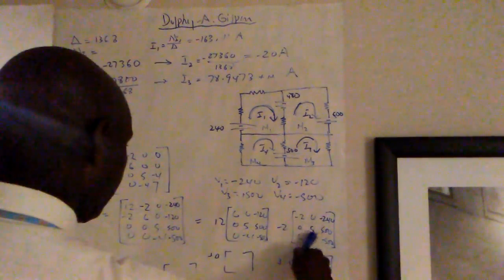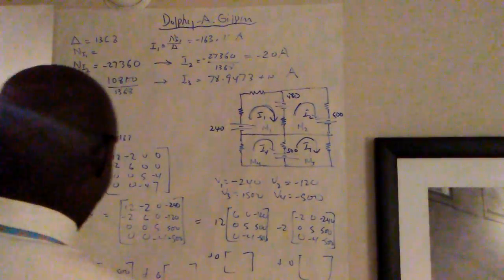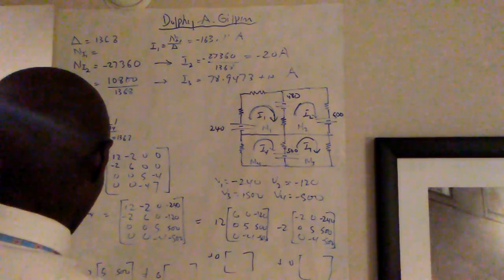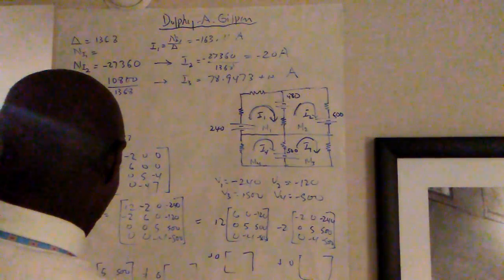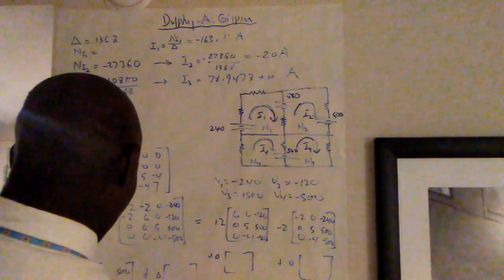Now for this section, it would give us 72 multiplied by minus 500.